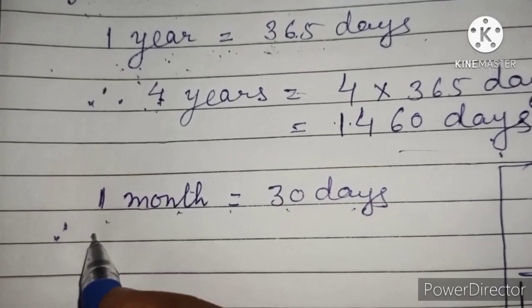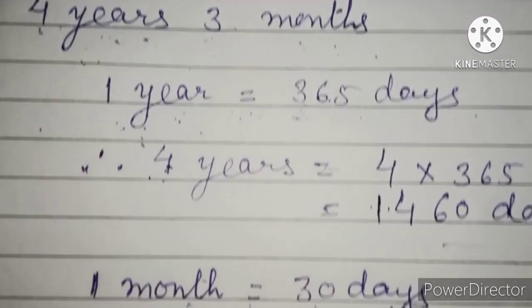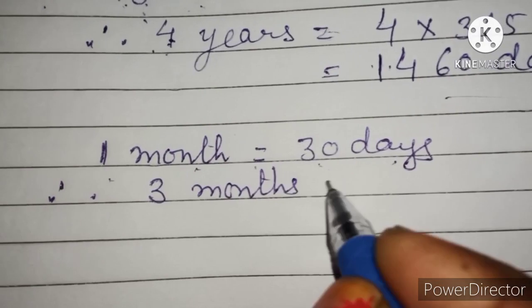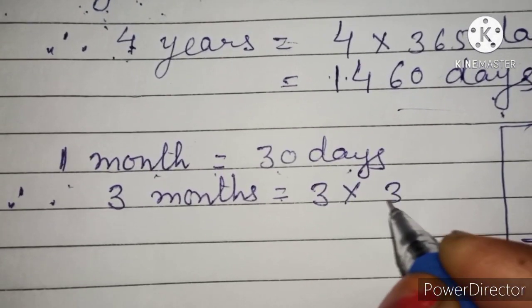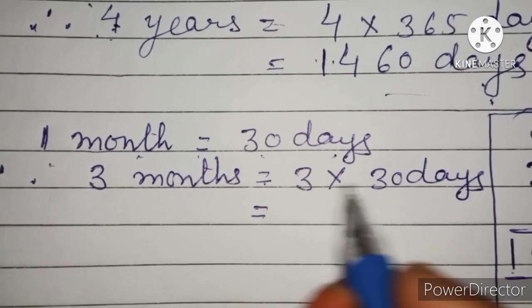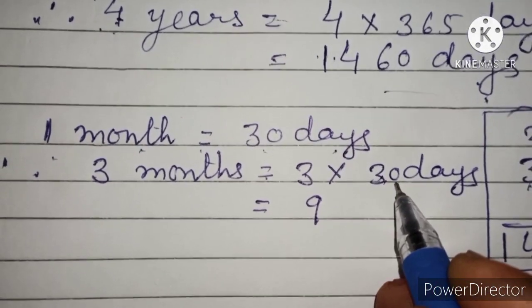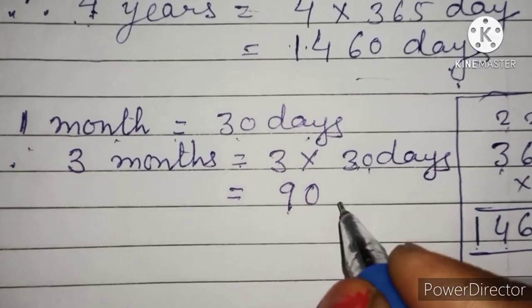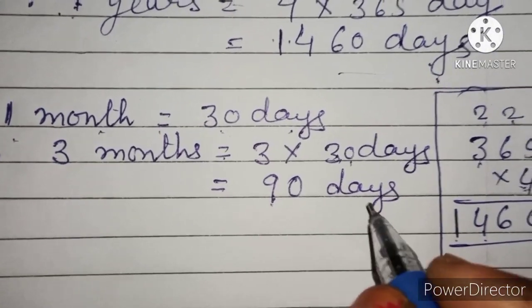So 3 months is equal to 3 multiplied by 30 days. 3 3s are 9. Here 1 zero, so we will put here 0. So the answer will be 90 days.